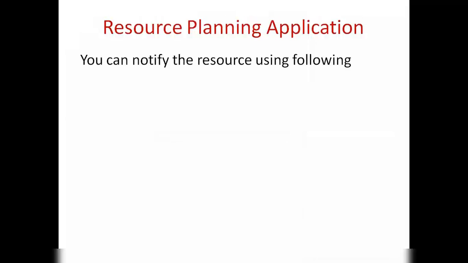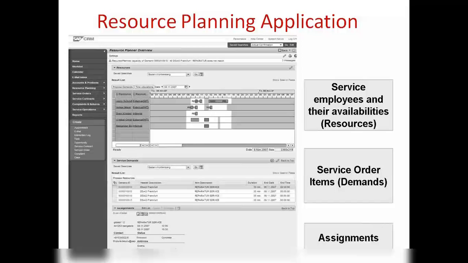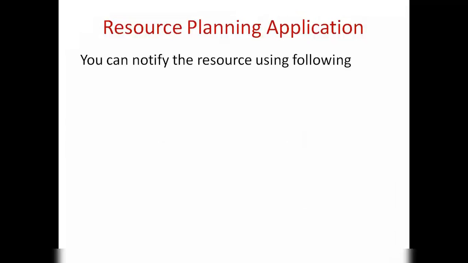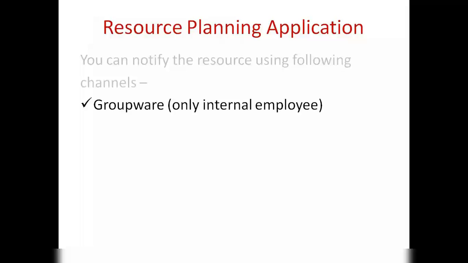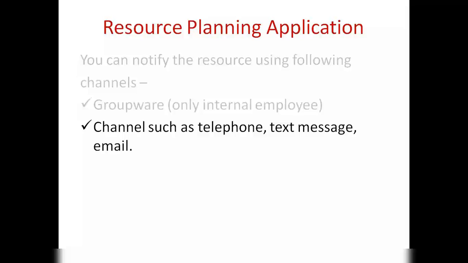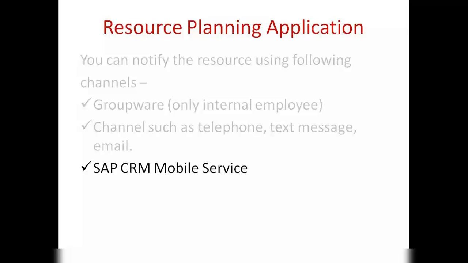Now we'll come back to the resource planning tool. As I said before, you have seen how we can use a resource planning tool to assign a job to a service technician. And we can notify the service technician about the new job via Groupware. That means they will get an entry into their calendar, or other channels like a text message, or maybe via telephone or via email or mobile service.